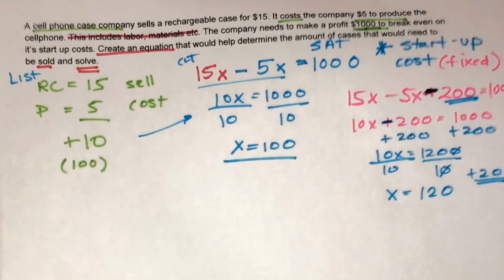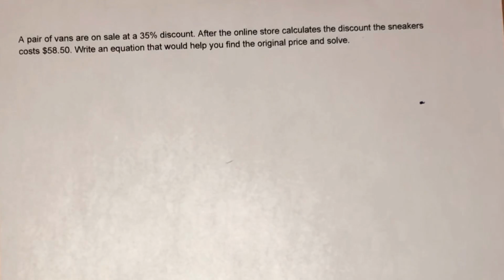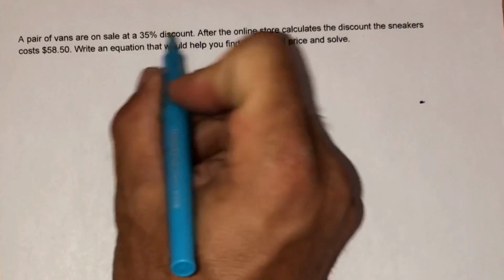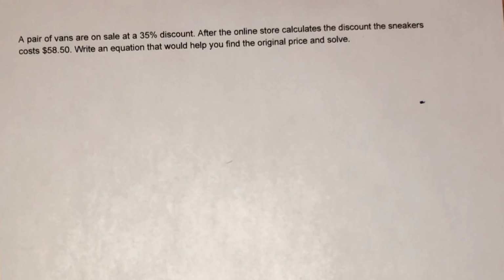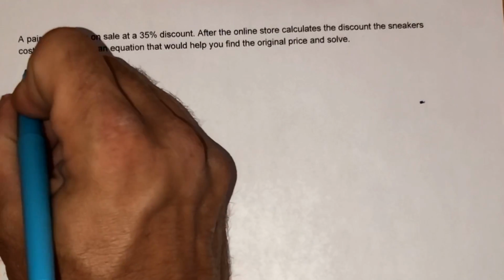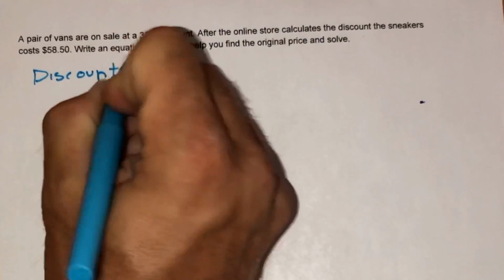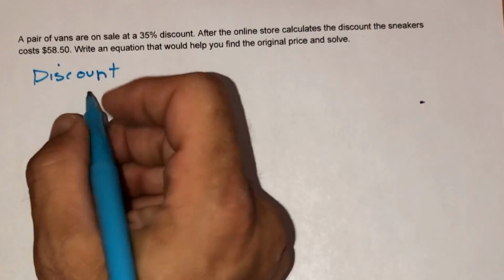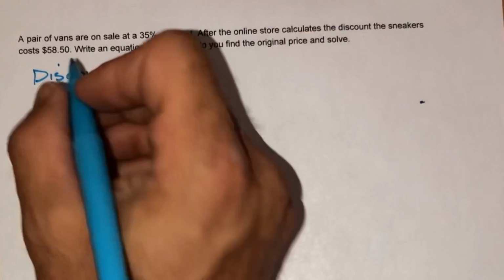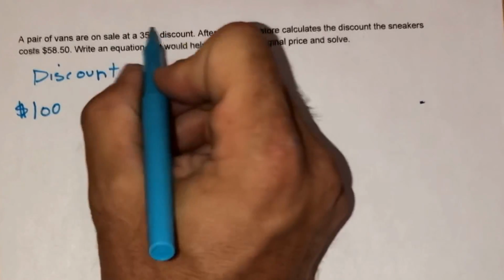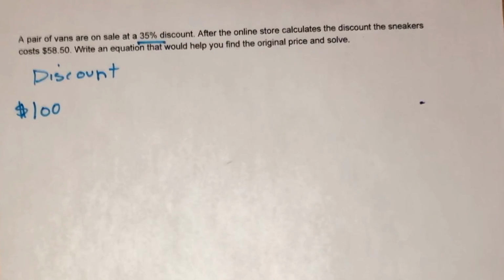And then another good question that you'll see on the SAT, and a lot of algebra books like to use this type of question, is the discount question. Now, what I like to bring up is to explain a little bit about discount, increase and decrease. You look at a discount, basically it's taking a certain price. Let's use $100, the best number to use when dealing with percentages, okay?